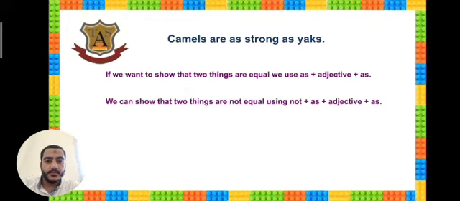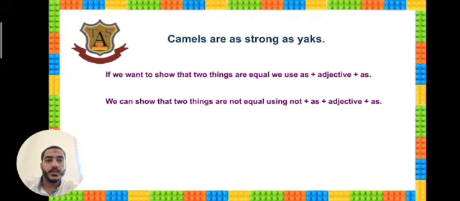And we can show that two things are not equal by using not before as.